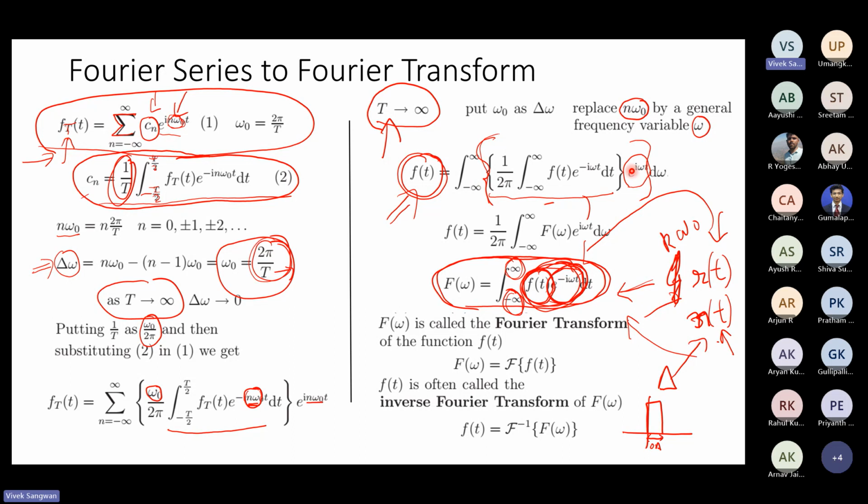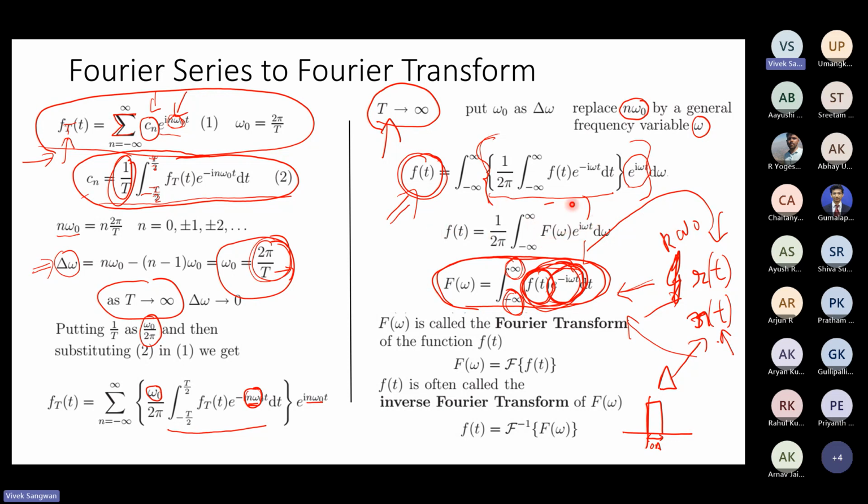See here, this f(t) we separated out when we derived the Fourier transform from the Fourier series. We had this expression, which was a double integral. f(t) was appearing here as well as here, and we separated out this part as capital F(omega), and then f(t) can be recovered from capital F(omega) by using this integral.